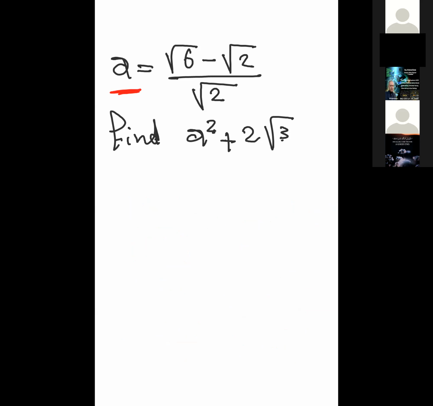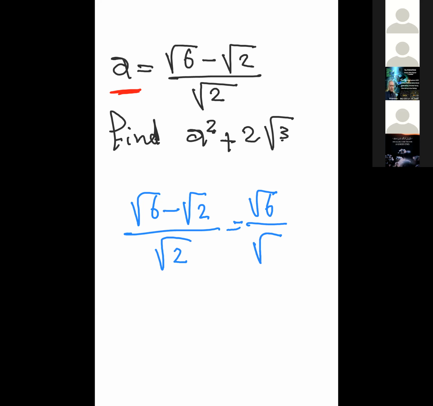Like a equals the square root of 6 minus the square root of 2 over the square root of 2. So simply this means the square root of 6 over the square root of 2 minus the square root of 2 over the square root of 2, right? Right. So it will equal the square root of 6 over the square root of 2, which means the square root of 3, minus the square root of 2 over the square root of 2, which means 1. So finished.